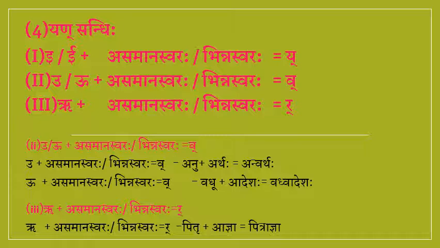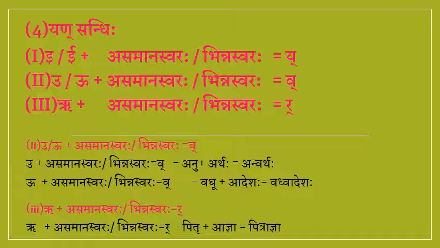When we remove the u in anu, it becomes an, and we attach va: anva. Then the remaining artha, anvartaha. Another example, madhu plus adeshaha, madhvadeshaha. The adeshaha remains as it is. We remove the u in madhu and bring half, that is why the dha becomes half: madhvadeshaha.